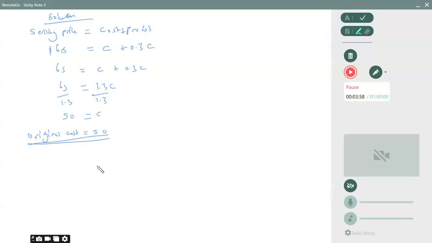Okay. Now, what we are going to do next here, we are now going to look for the new profit. By the new profit, we are going to use 10% instead of 30%.